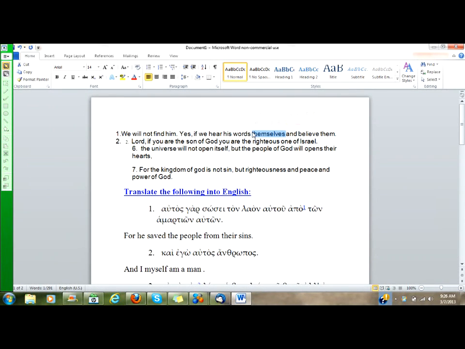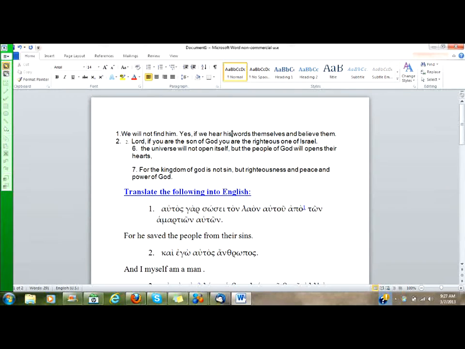It is not nominative. It is not an intensifier. It is simply a third-person pronoun. And because it's genitive, it means of him. So yes, if we hear his words, you know what? This student actually did it both ways. This student said his words, which is an acknowledgement of the genitive autou, and then also translated the autou as an intensifier. One or the other. It won't be both. So we can omit the themselves. Yes, if we hear his words and believe them.